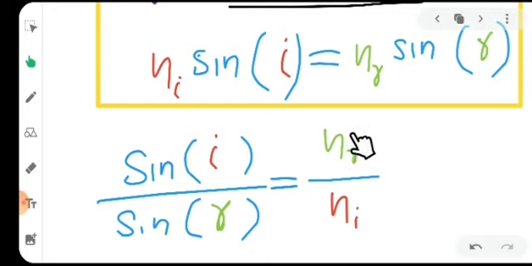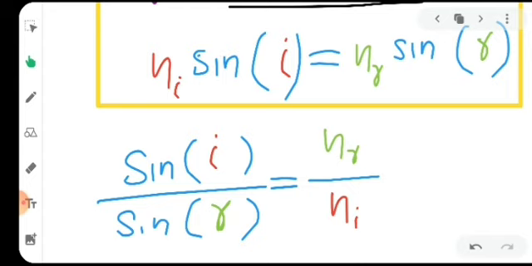Nr is the refractive index of the second material, into which the light is transmitted, and Ni is the refractive index of the first material, where the light ray was incident. So Nr over Ni is the relative refractive index of the second material with respect to the first material. That is what the constant is.